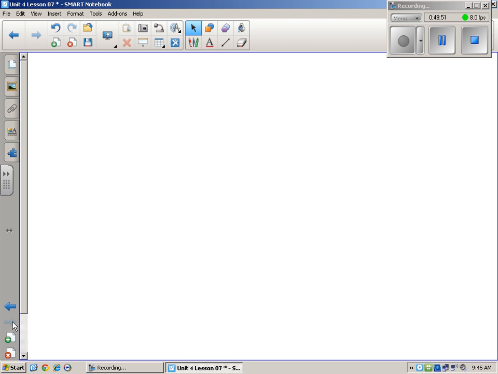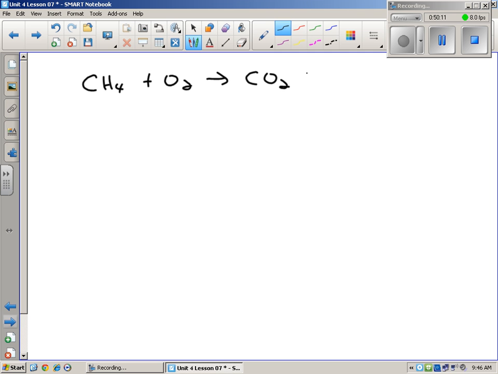If you notice the worksheet we did yesterday, look at the very first one. It says, number 1, during the combustion reaction, 75 grams of butane is allowed to react with an excess amount of oxygen.